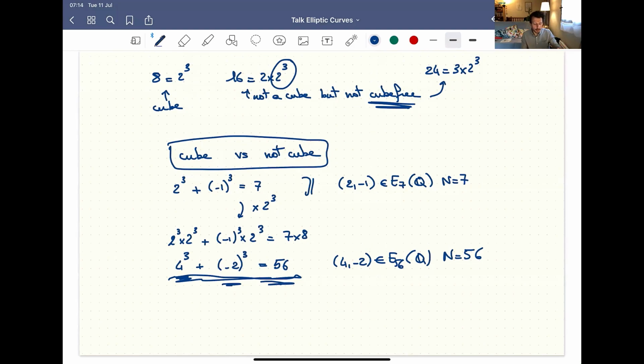And this sort of construction, okay, I'm just going to multiply everything by 2 cubed or 3 cubed or 27 cubed, I don't know. This is a sort of cheating because it doesn't actually create new solutions. It's just things that you could have deduced from earlier things like we did here. And this is where this distinction is not enough. You actually have to assume that the numbers you're using are cube-free.